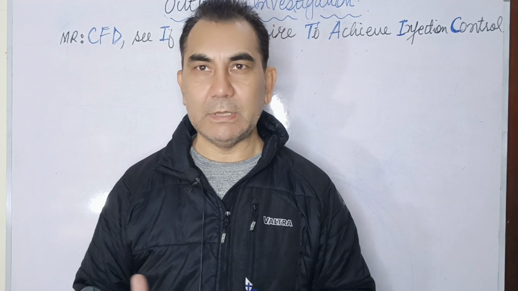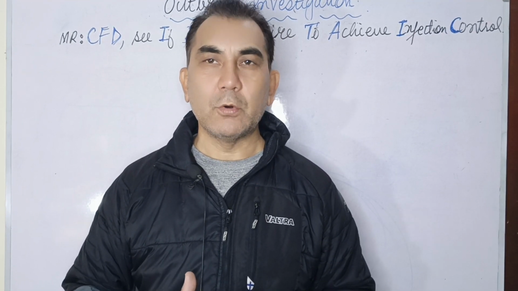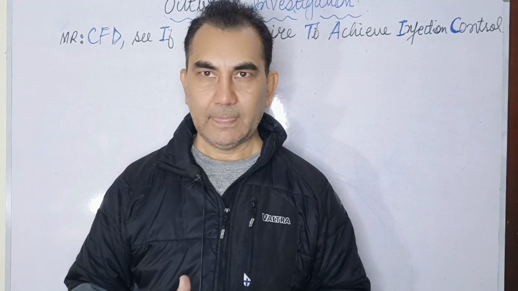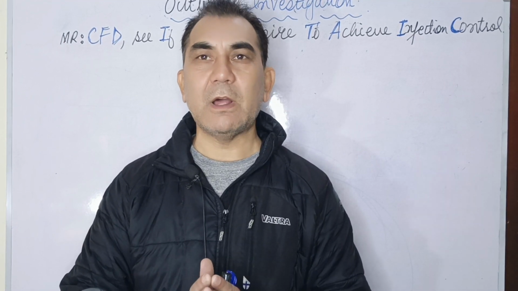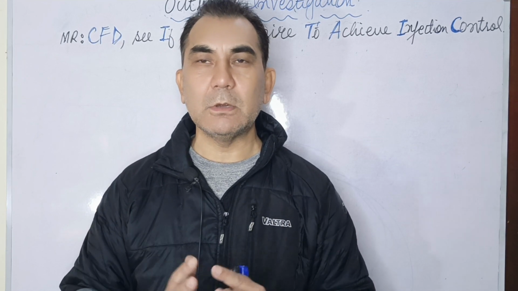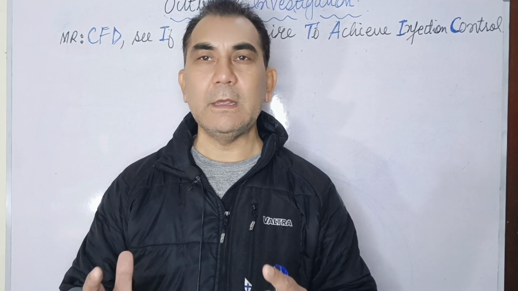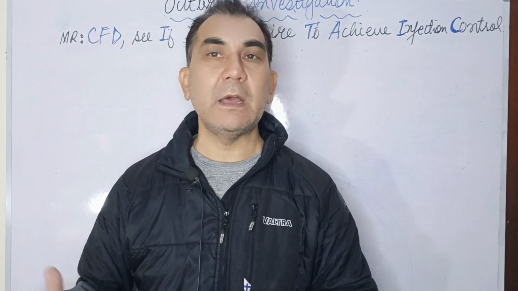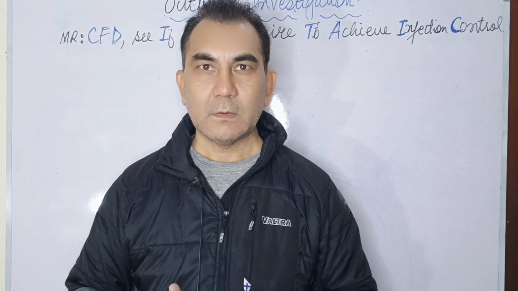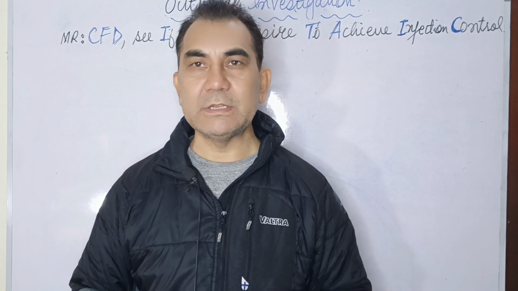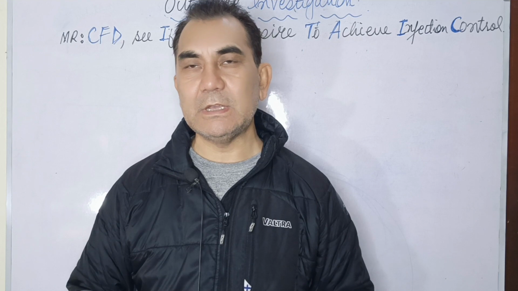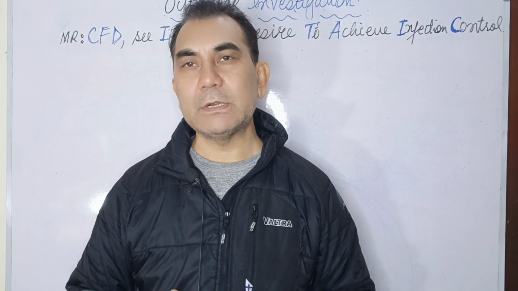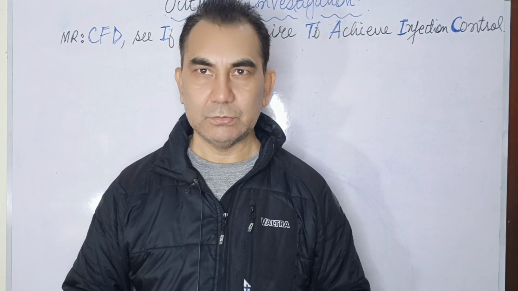But an outbreak mostly happens in a specific geographical area, in a specific group of the population, and in a specific time period. While an epidemic is an increase in the number of cases of any disease in a geographical area or community in a particular time period.